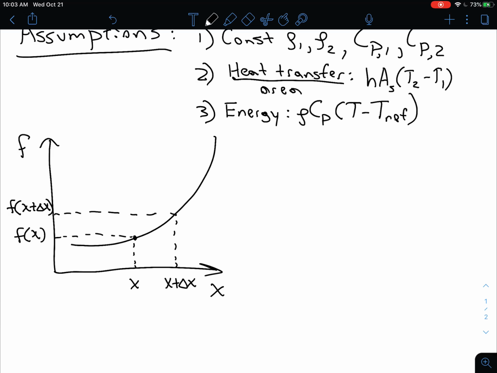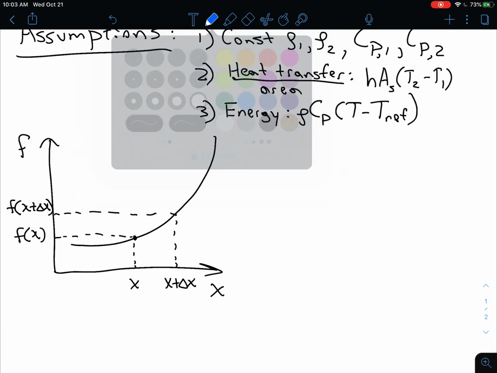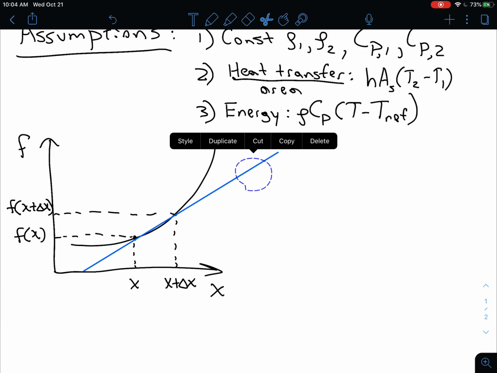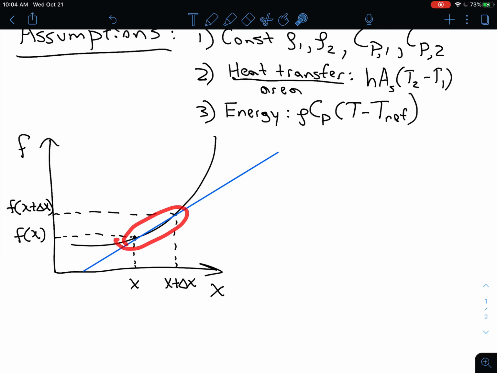Remember that the derivative is the slope of the tangent line. As I'm drawing it right now, it's not really a tangent line. It's actually more like a secant line because it's connecting 2 points, x comma f of x and x plus delta x comma f of x plus delta x.